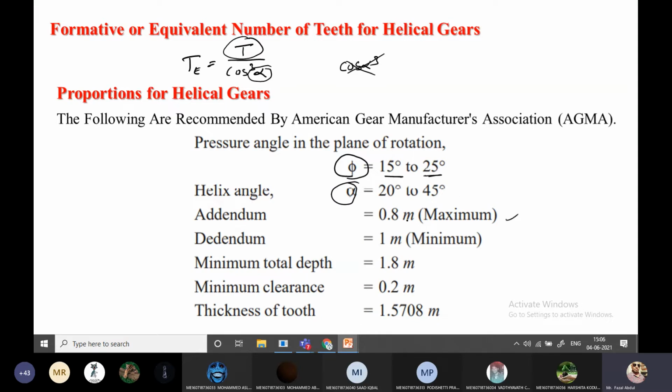Addendum is 0.8 module, not meter, and this is the maximum value. Dedendum is 1 module, not meter, and this is the minimum value. Minimum total depth is 1.8 module, minimum clearance is 0.2 module, and the thickness of the tooth is 1.5708 module. So all values are given in terms of module. Once you get the module value, you can easily find all these parameters.